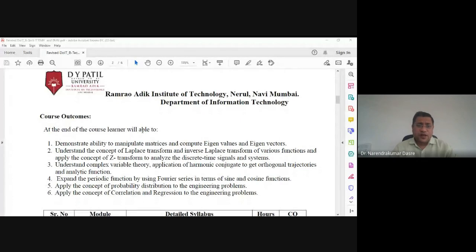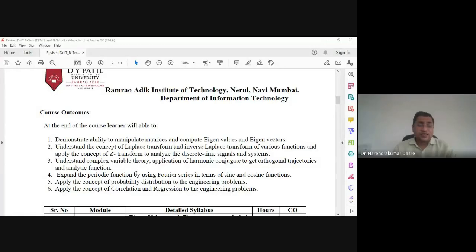Then to understand the trend, we use a Laplace transform. If it is continuous, we use the Laplace transform, and if it is discrete, then we use the Z transform. So that we are going to understand.